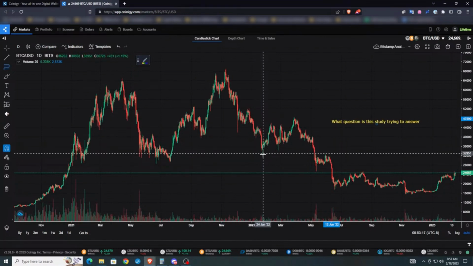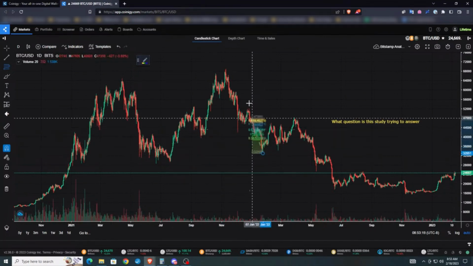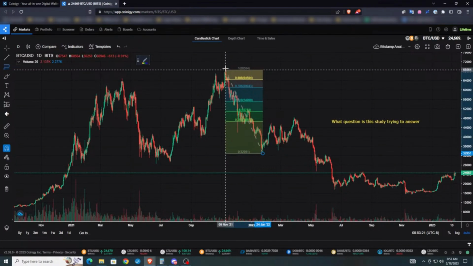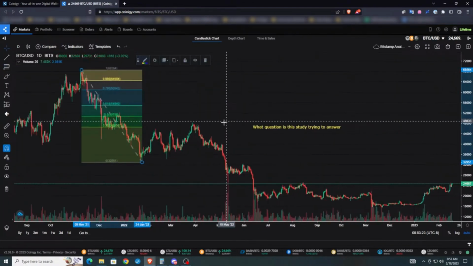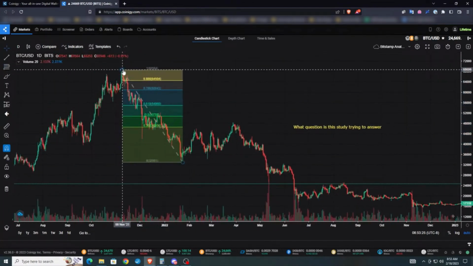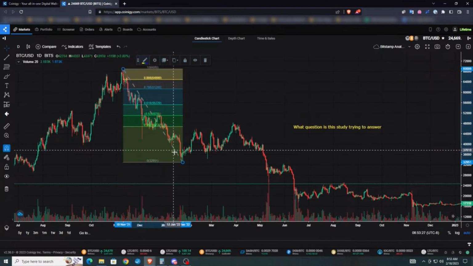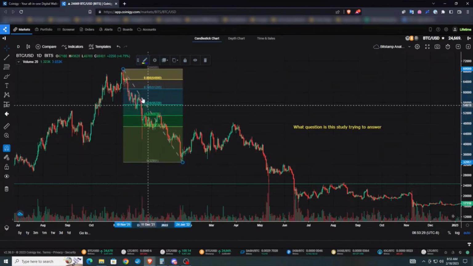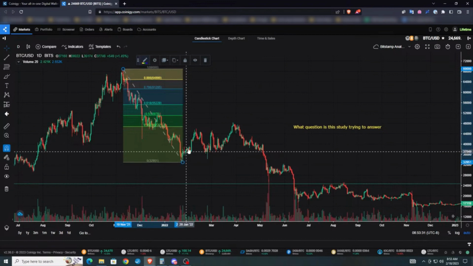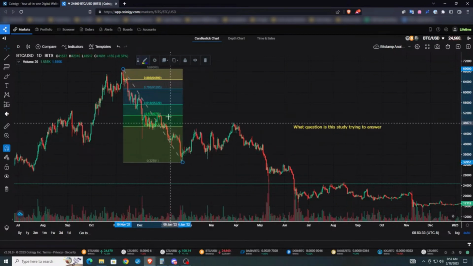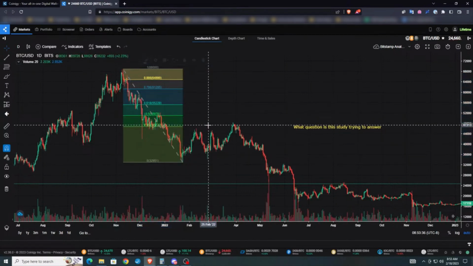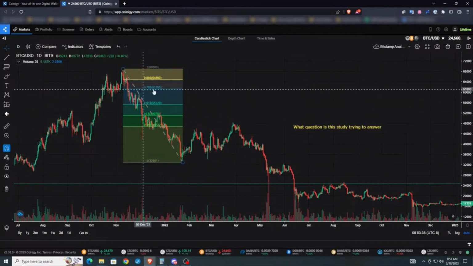If we take our study and draw it off of the low and drag it all the way back up to the high, then what we're really asking with this particular study is how much of this move the market is likely to take back on any kind of technical bounce, or what technicians call a retracement.